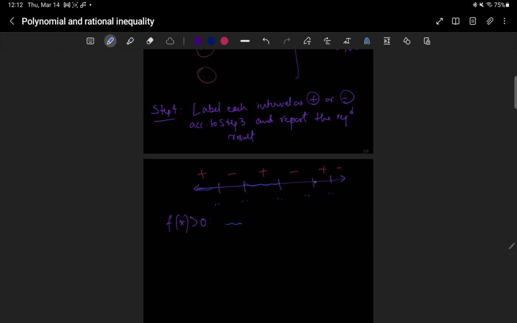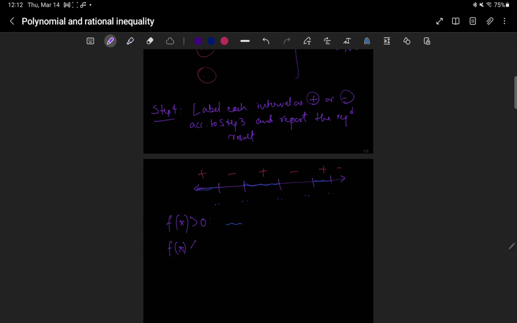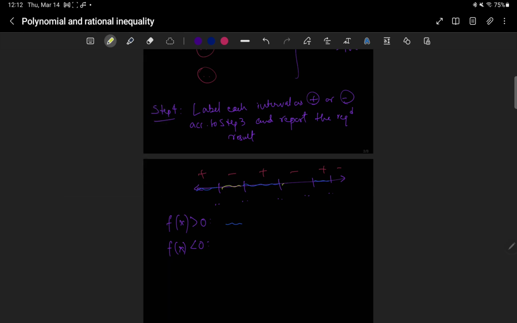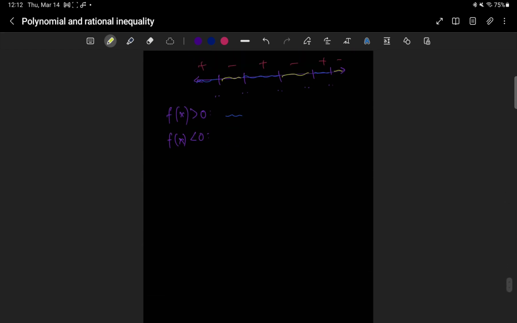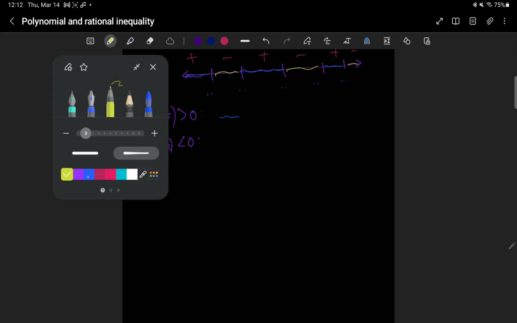So all of these blue numbers using union. If your question was f of x less than 0, then it would be the yellow interval. Again, you will use the interval notation with your unions and infinity symbols and all of that.